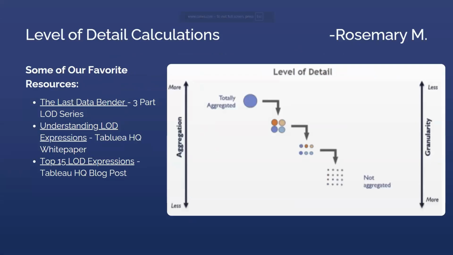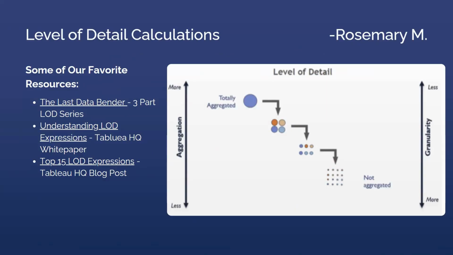So, level of detail calculations. What I always try to do with Tableau is find the tagline of different functionality. And the tagline for level of detail calculations is when you want to write a calculation that is at a different level of detail than your view.